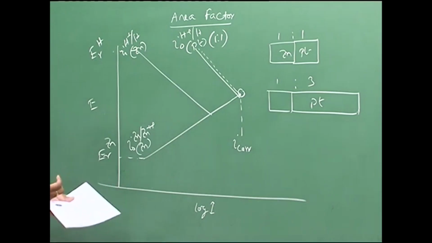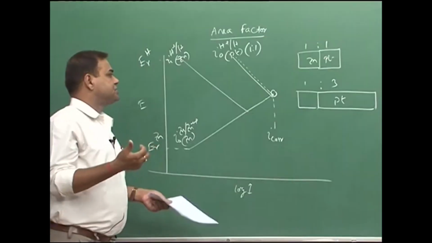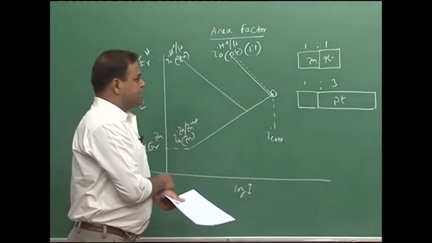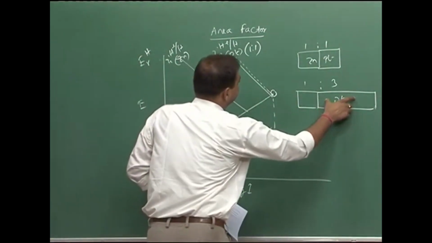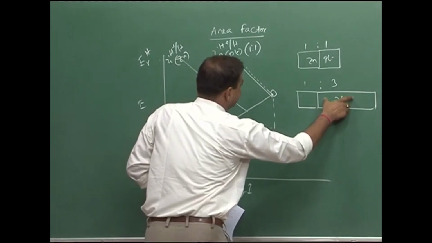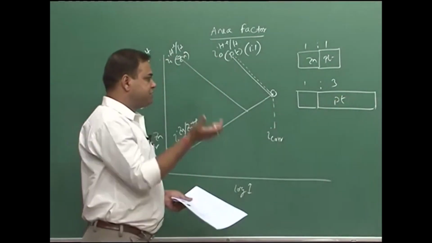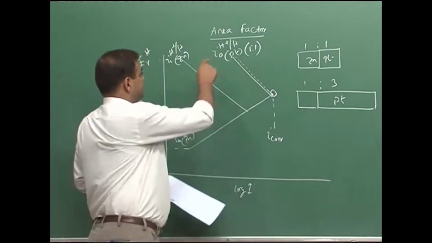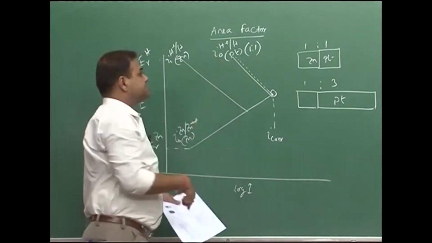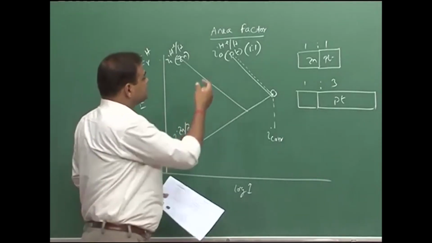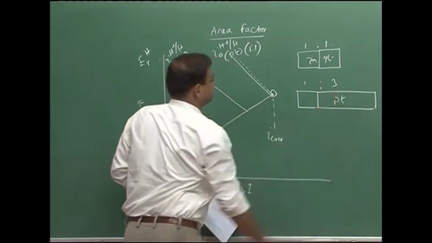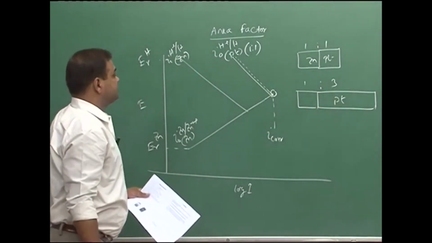Then the total number of hydrogen reactions on the platinum surface would increase. If the total number of hydrogen reactions on platinum surface increases, then the total current would increase. Exchange current density would not change, but the total current would increase on the platinum surface for the hydrogen reaction.